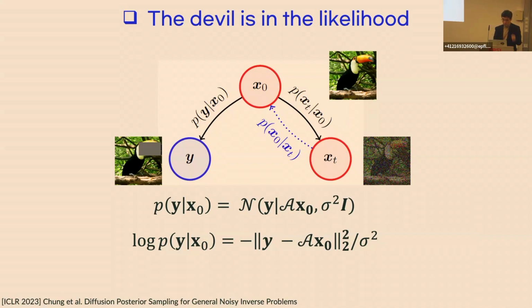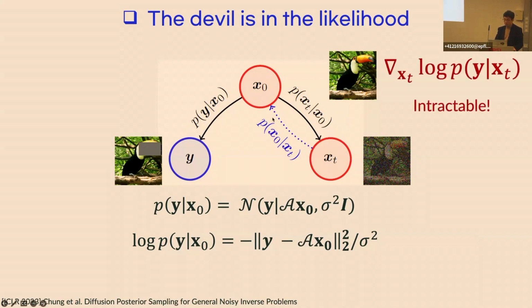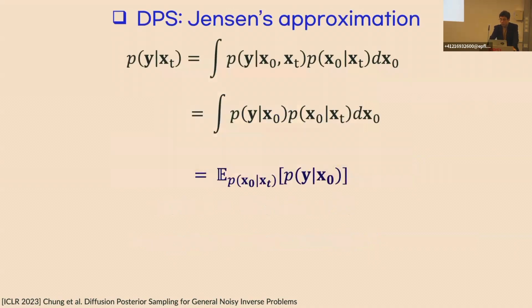It's not trivial. In fact, in order to calculate the gradient, you need to actually have the likelihood. You need to calculate y given xt, but this part is difficult. The reason is, if you think about the y given xt likelihood function, it can be represented in this way, but x0 and xt form a Markov chain, so you can write it with x0 like this.